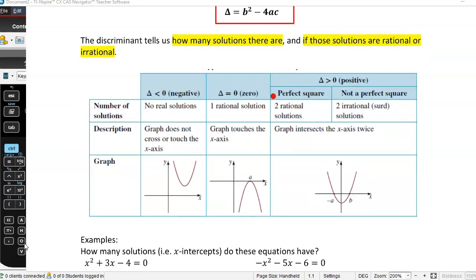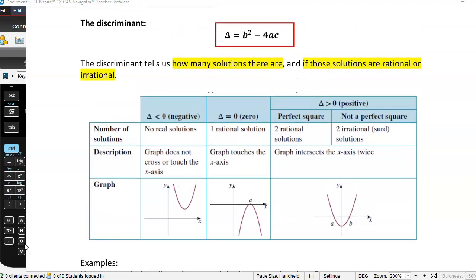If that discriminant is a perfect square, that means we have two solutions and both are rational, so the graph crosses the x-axis twice. But if the discriminant is greater than 0 but not a perfect square, you'll have two irrational solutions.